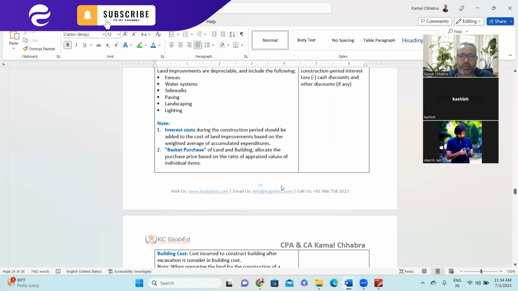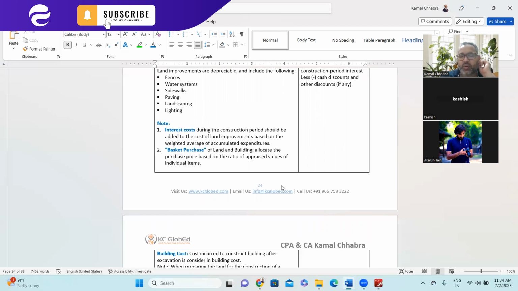There are two important notes to keep in mind. First is interest cost during the construction period should be added to the cost of land improvement based on the weighted average of accumulated expenditure. If you are purchasing a piece of land for the construction of a building and you have taken a loan for land and building both, you get the occupation of the land immediately.